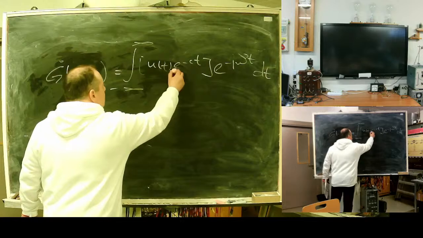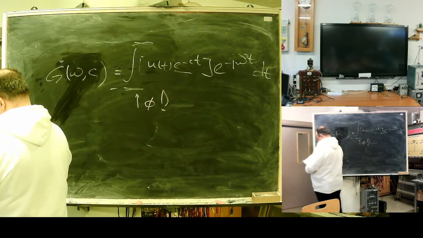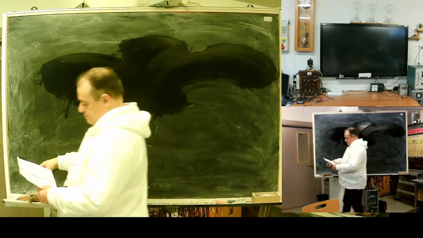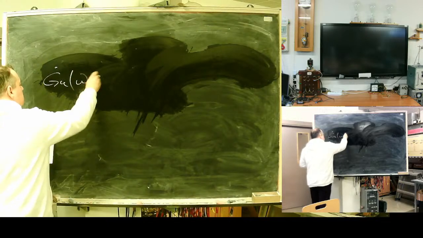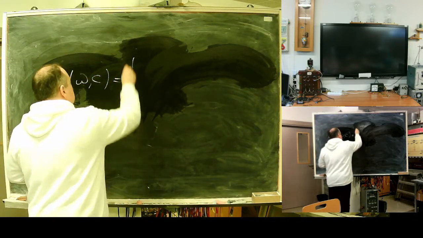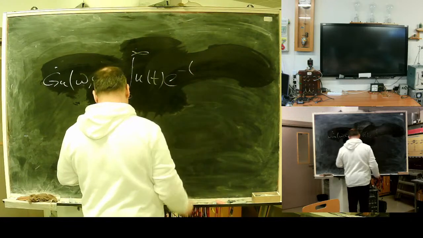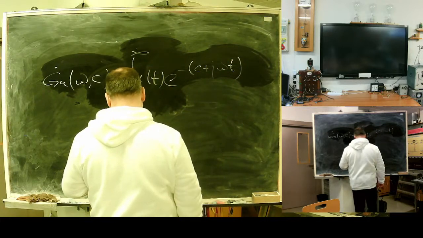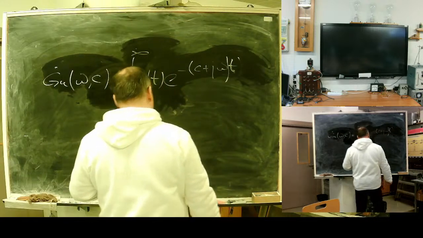Because I have e to the power minus ct, here should be 0. So I can rewrite my spectral function as an integral from 0 to infinity of e to the power minus (c plus j omega) t, yes, this is correct, dt.